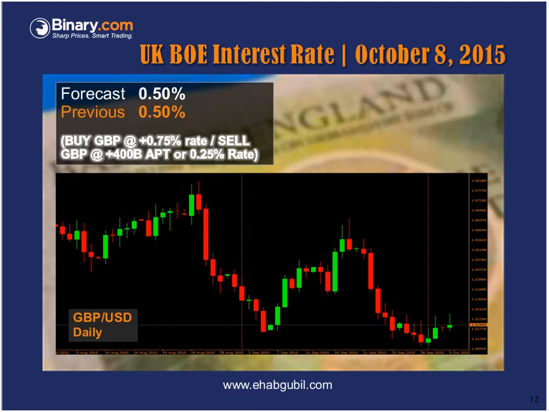Bank of England interest rate forecasted at 0.5%, previously also 0.5%, no change. APT, or asset purchasing target, forecasted at 375 billions, previously the same, 375 billions.